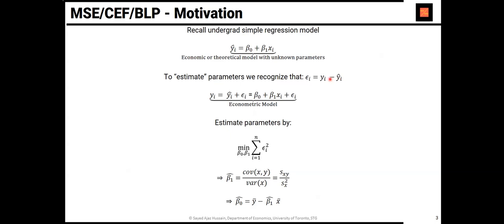And to estimate the parameters of your economic model, you would set up an econometric model, OLS. You would estimate the beta 0, beta 1s by OLS, which means ordinary least squares. So you minimize the square of errors. And then you would show that the slope coefficient was the covariance divided by the variance, and the intercept would then be the mean of y minus beta 1 times the mean of x. This is your standard simple OLS model.